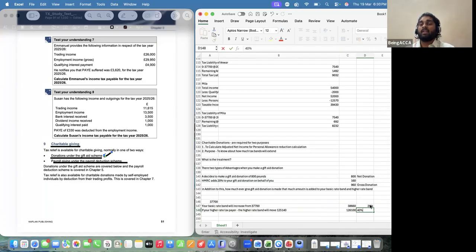This means you are getting an additional 960 pounds taxed at lower rates.